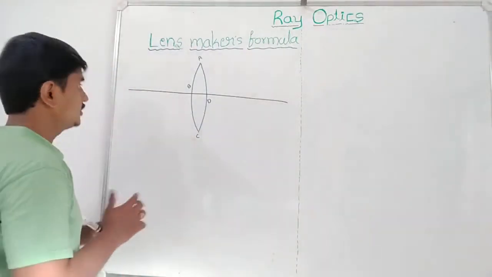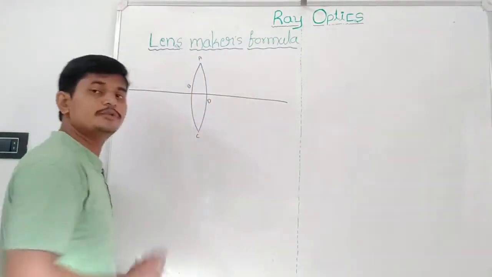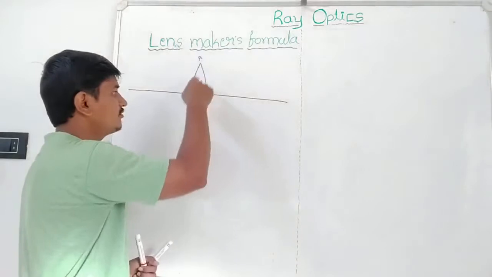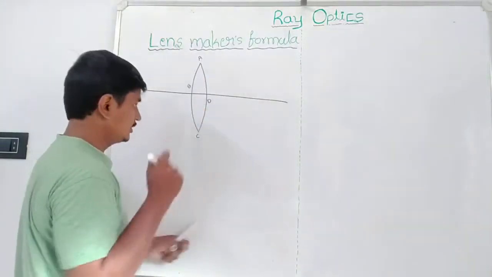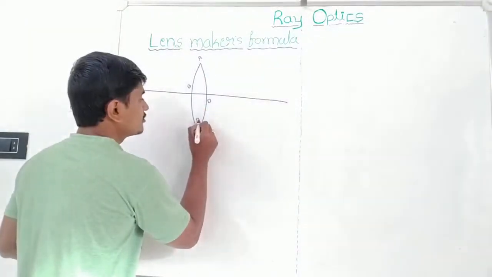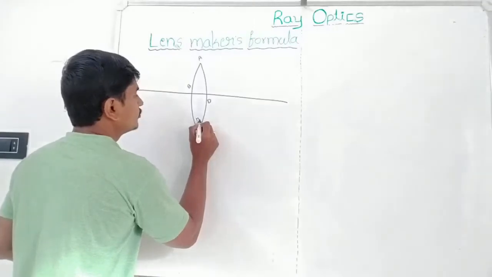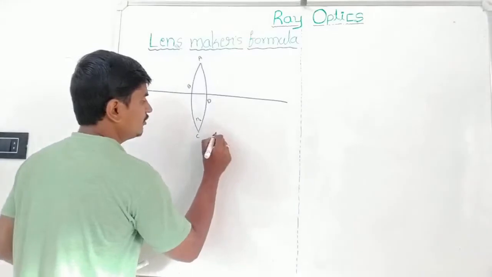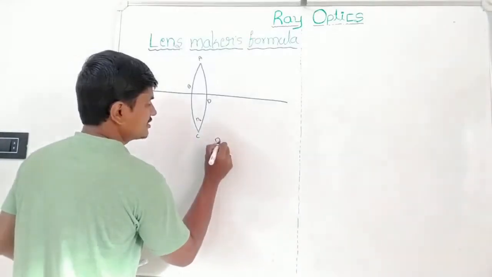This is an optical medium, or we can call it a lens, of refractive index N2, surrounded by a medium of refractive index N1.